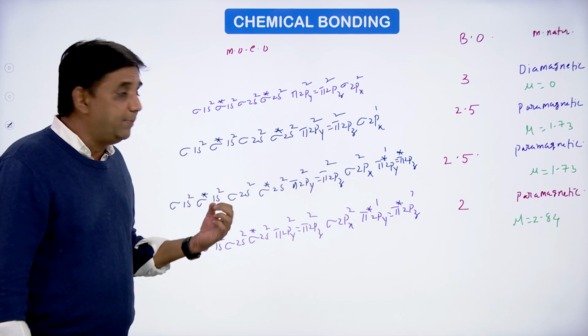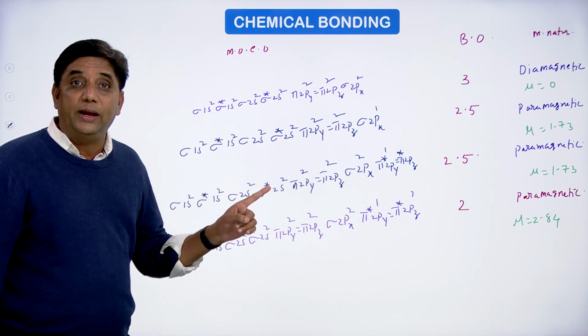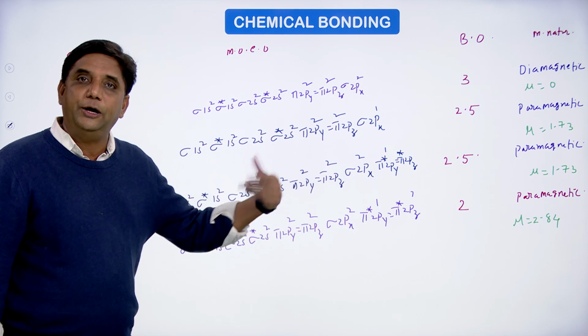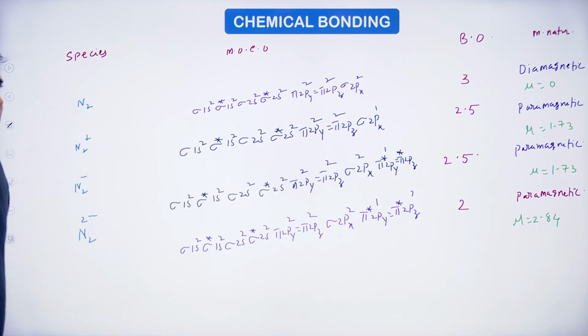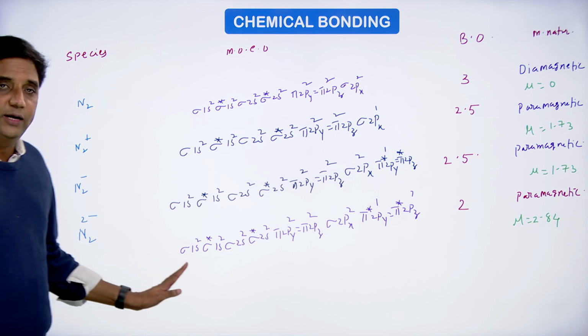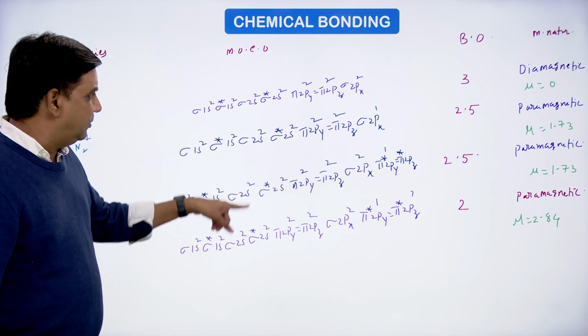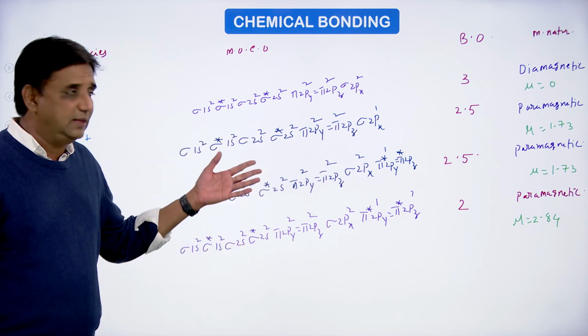As the sp overlapping is applicable, sigma 2px will come after pi 2py, pi 2pz. Very important. This order I have written for the sake of practice.